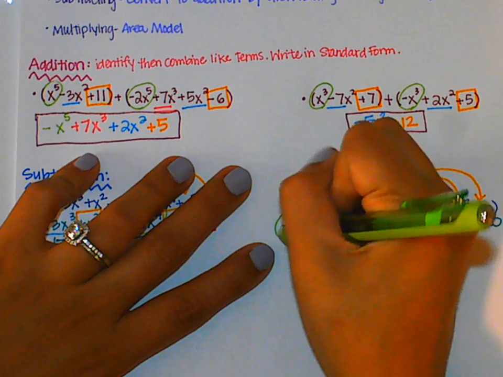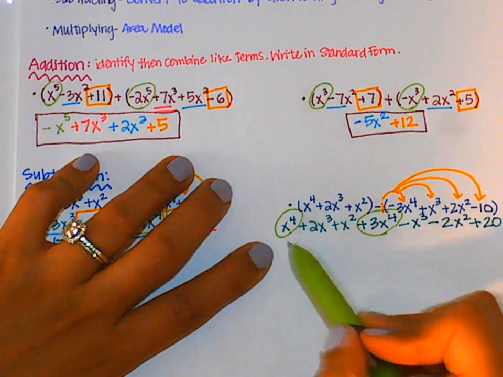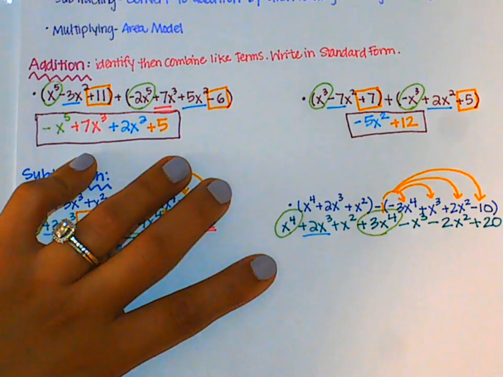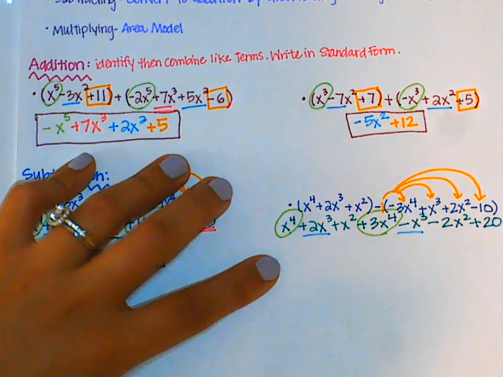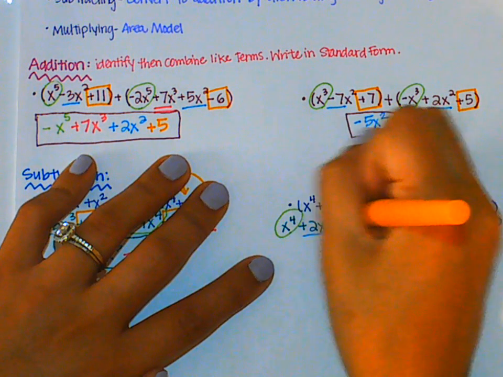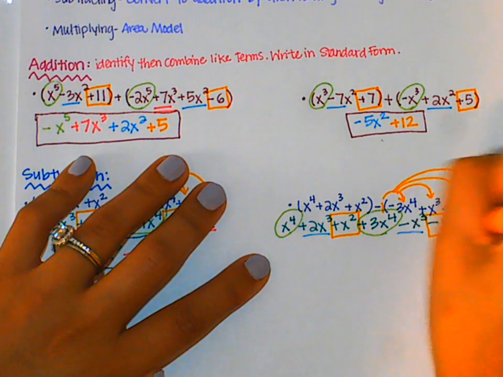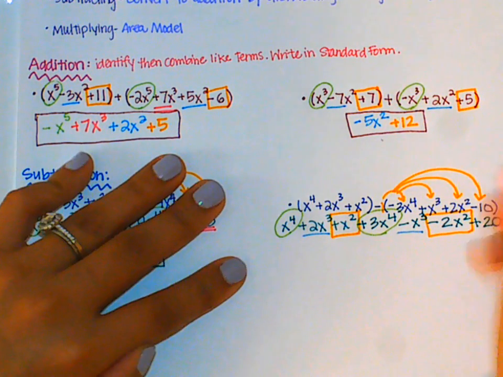Identify my x to the power of 4, and I have another one right here. Two x cubed minus x cubed. A positive x squared and a negative 2x squared. And then a positive 20.